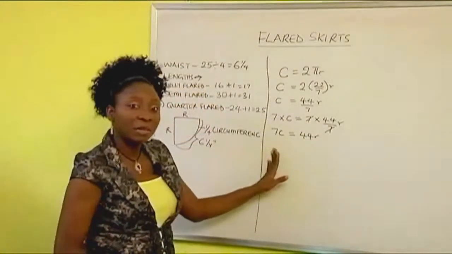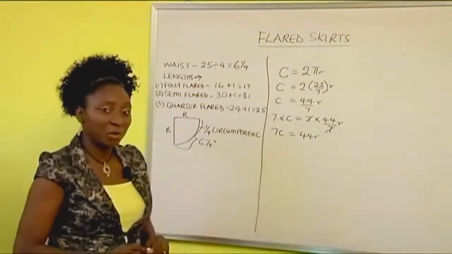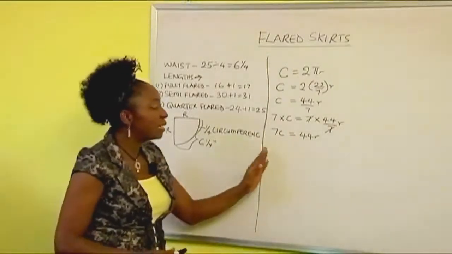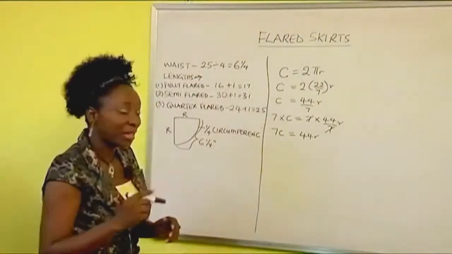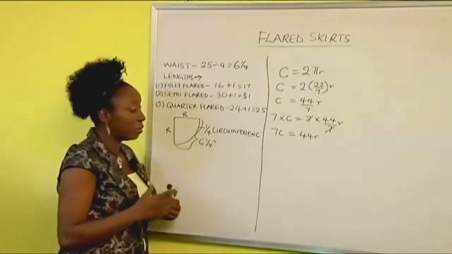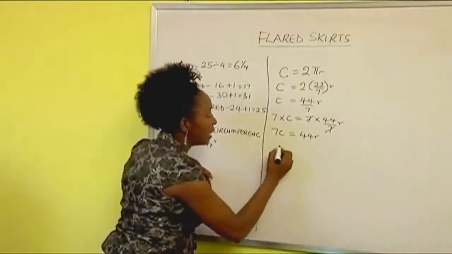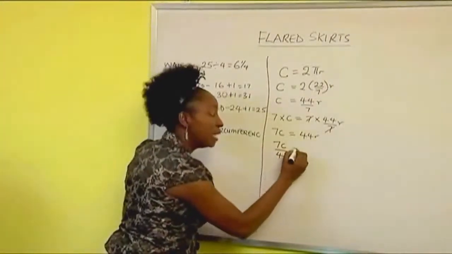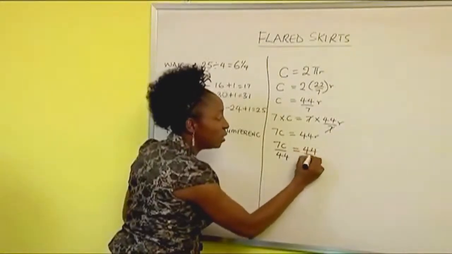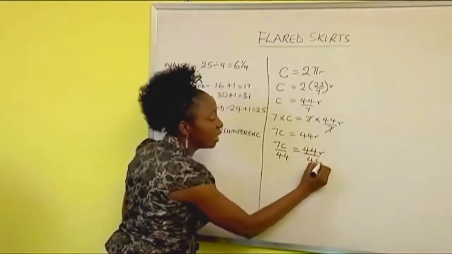So you can see that we're very close to making r the subject of the formula. So I'm going to take this and divide both sides by 44. Very clever. That's why mathematics is very good for life. So I take that, 7C divided by 44 would give me 44r/44. You can see that.